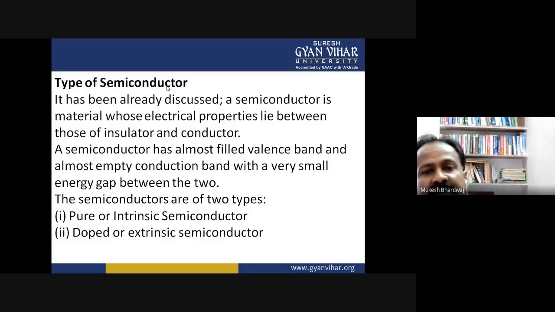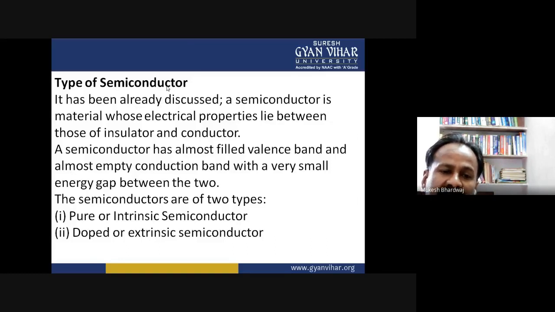It has already been discussed that a semiconductor is a material whose electrical properties lie between those of insulators and conductors. A semiconductor has an almost filled valence band and an almost empty conduction band with a very small energy gap between the two.